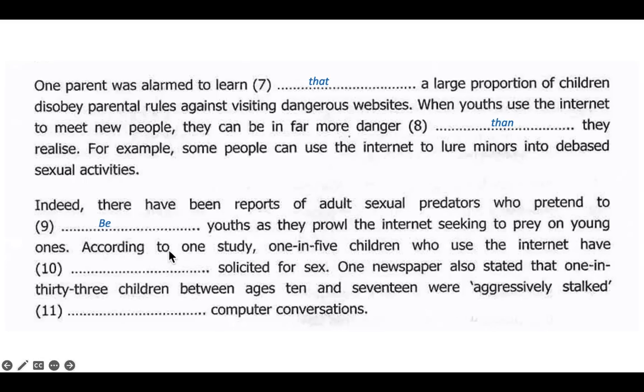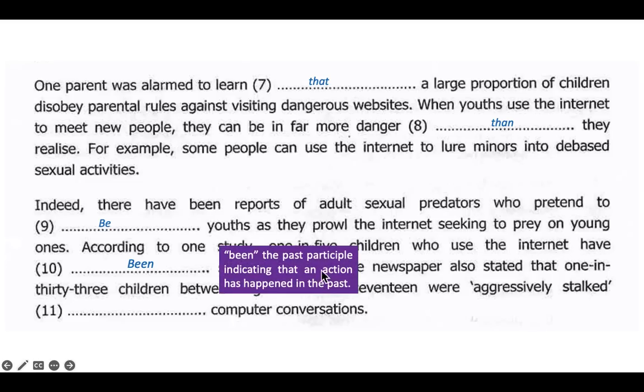According to one study, 1 in 5 children who use the internet have been solicited for sex.